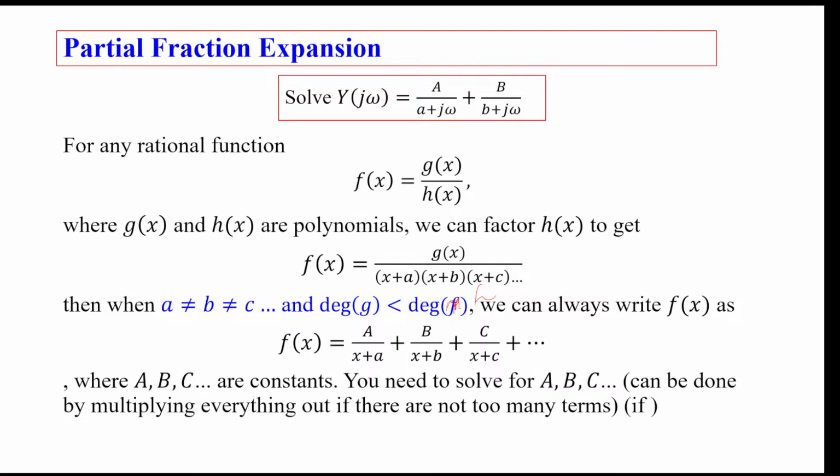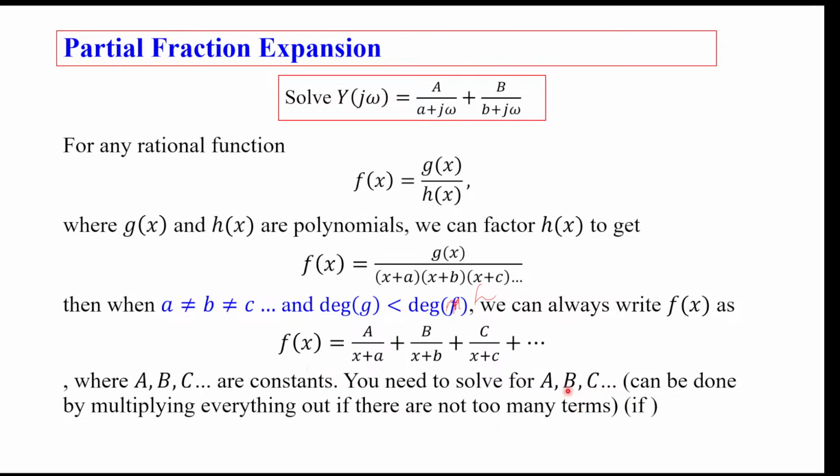That is, we can write f of x equal to this linear combination of partial fractions: something over x plus a, something over x plus b, something over x plus c, etc. So each fraction for each root. Those A, B, C are not polynomials of x anymore. They are just constants, and those constants depend on the constants in the polynomials g and h.